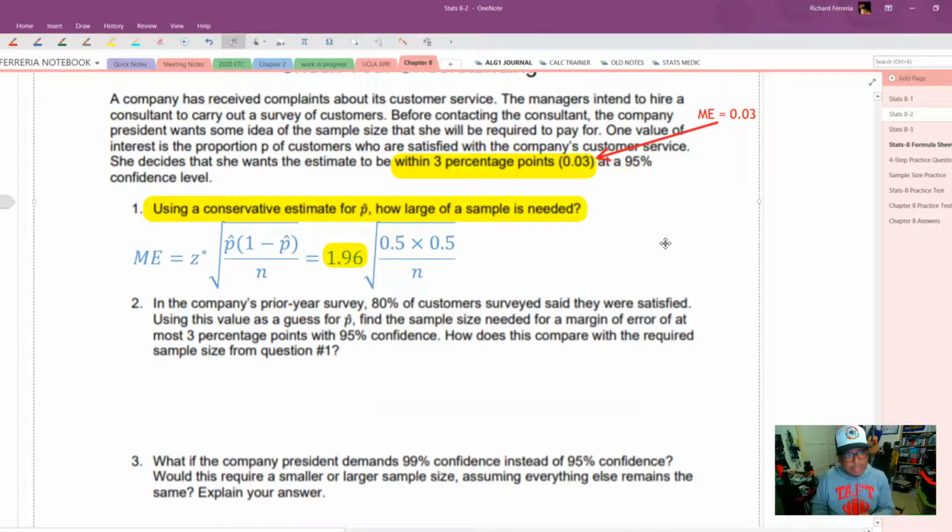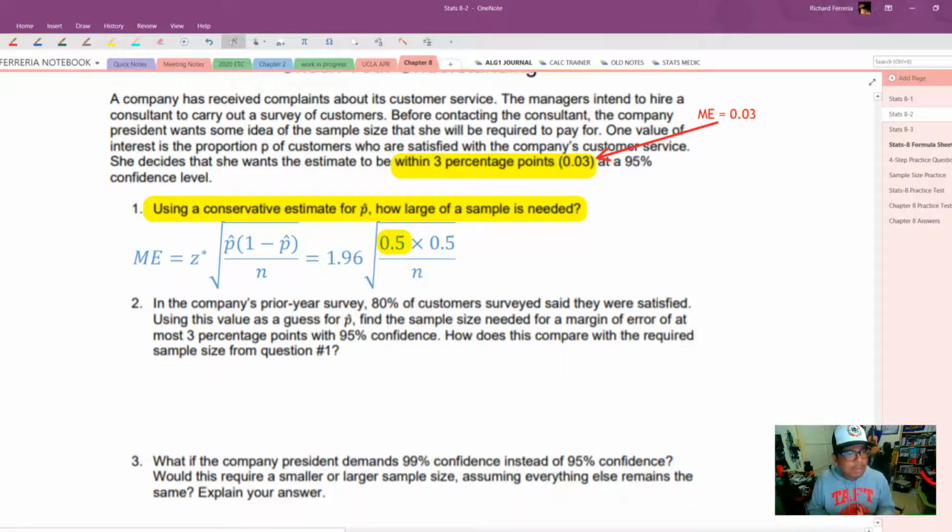Then you're going to substitute your numbers. Notice Z star is 1.96 because we solved for a bunch of those, and the 95% confidence interval is used so often that people just tend to memorize that number. So the Z star for a 95% confidence interval for Z is 1.96.